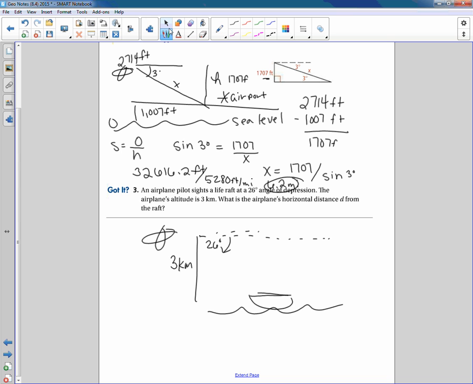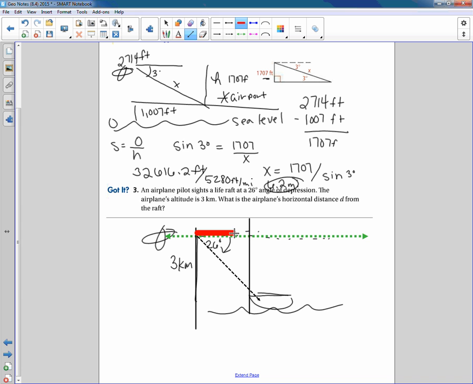So we want to know what exactly the horizontal distance is. So here is the horizontal line that we're starting from for the airplane. Here is the airplane's distance above, right? And here is the angle of depression here. And what we're asking is from here, from this angle of depression where the airplane's looking down, to where the actual boat is, what is the horizontal distance?